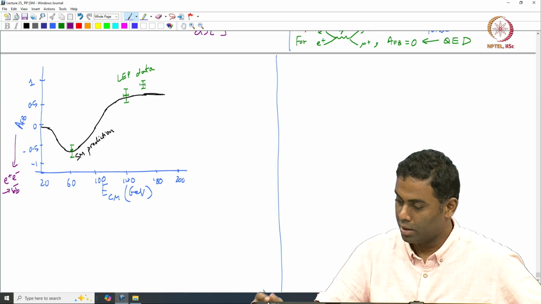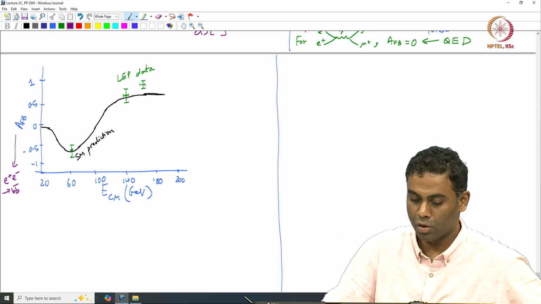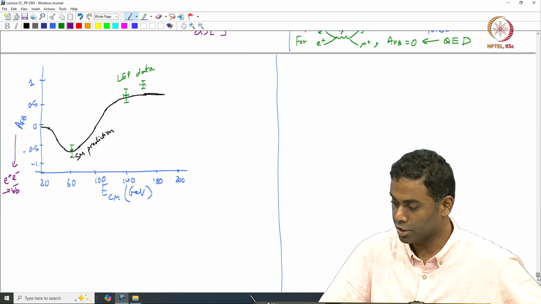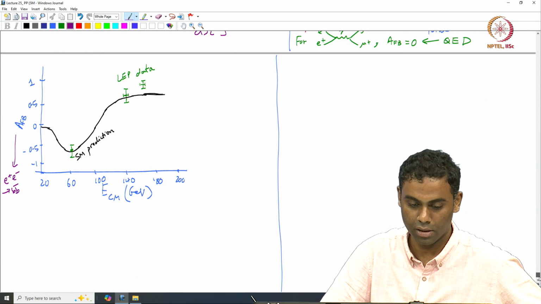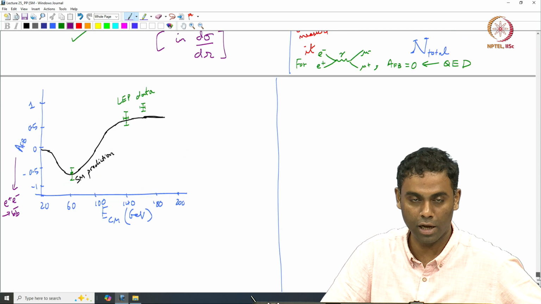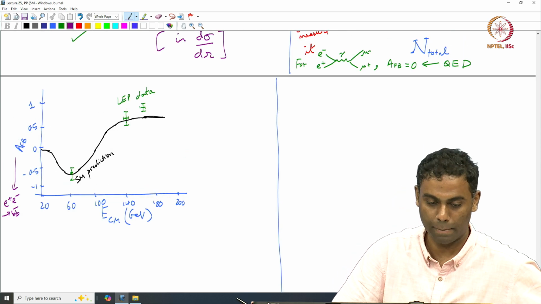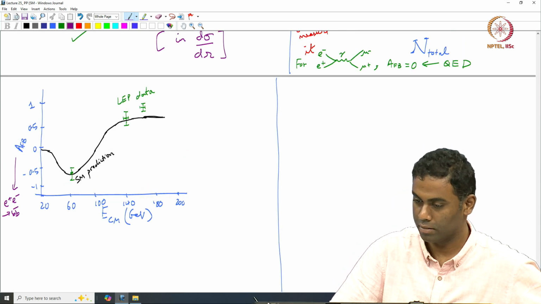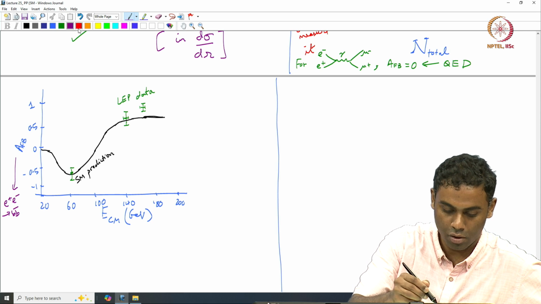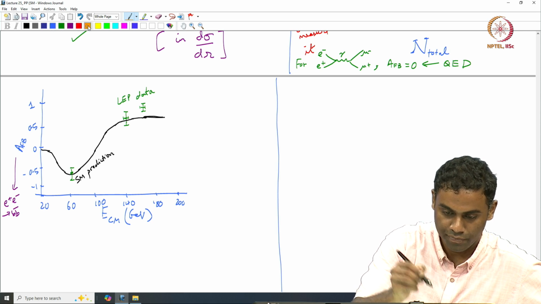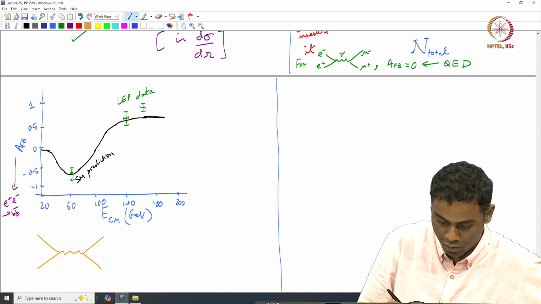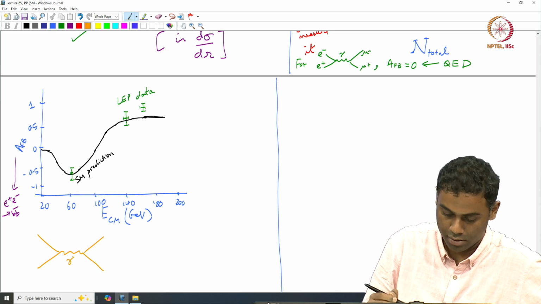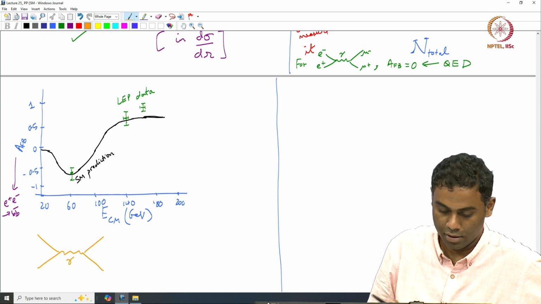Now, what does all this actually mean? This is to me one of the most beautiful plots in particle physics. It tells so much about the weak interactions, QED and all that. I'm going to draw the Feynman diagrams one more time to show what particles are really involved here.